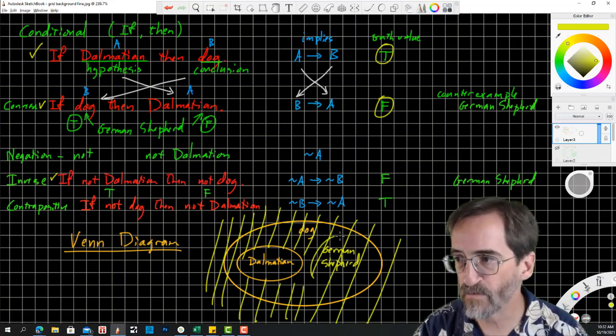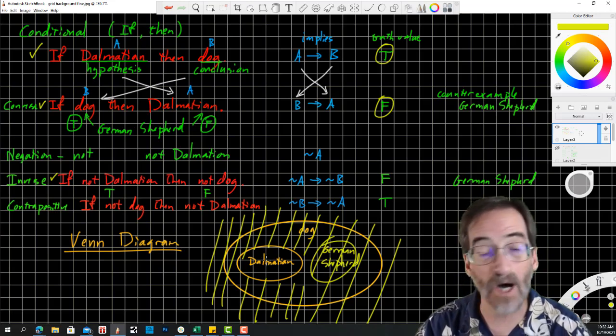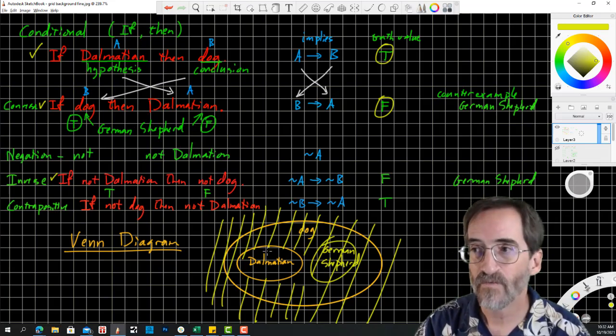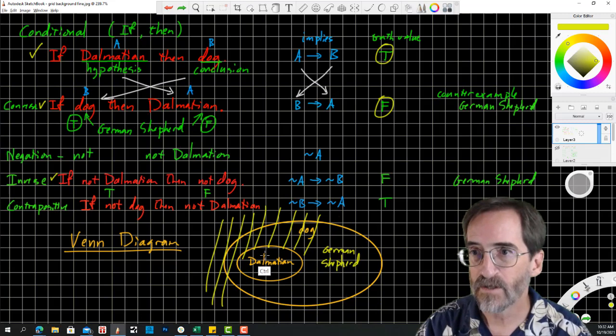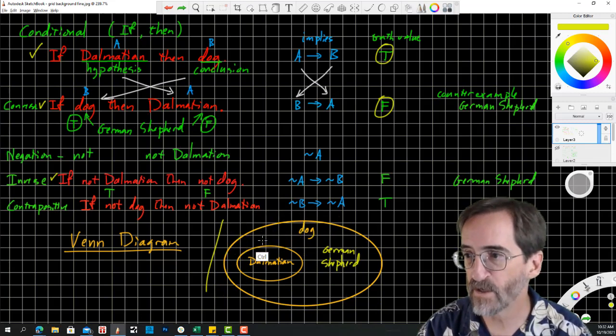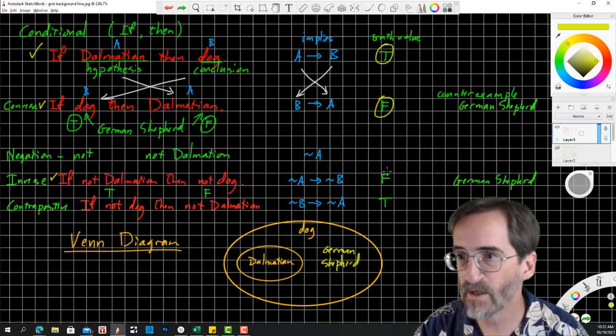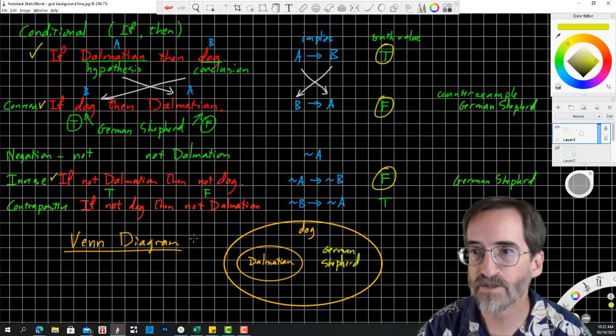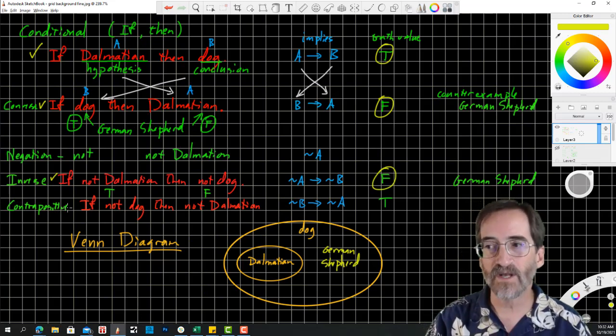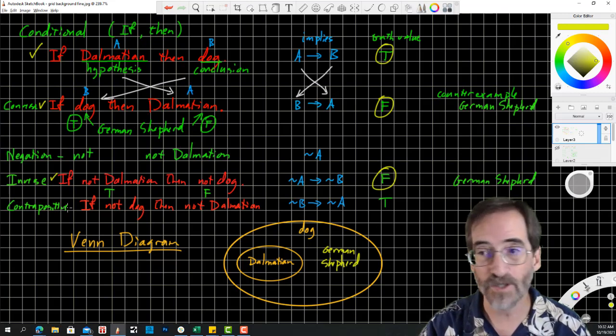Well, obviously a German Shepherd is in the dog circle, but it's not in the Dalmatian circle. Therefore, my statement is false. The inverse statement is false. Okay, inverse, false.